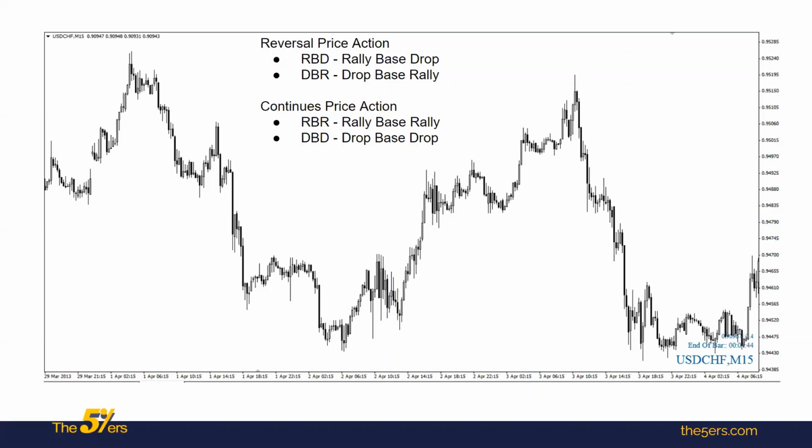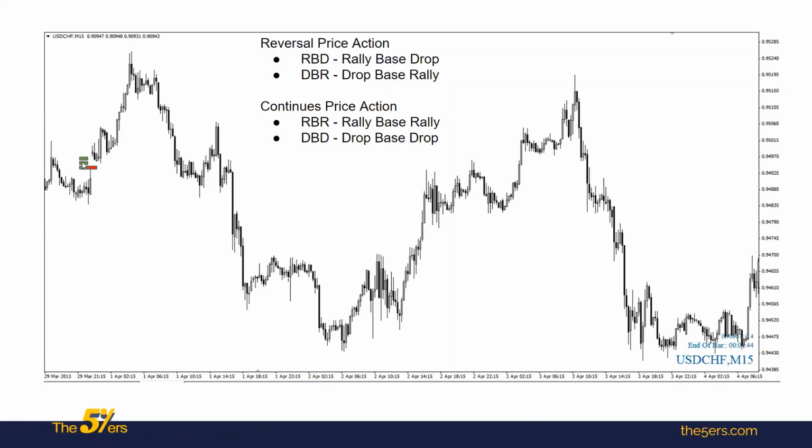But you have to do the first steps, just doing the basics, okay? So let's just go through this chart and see what we can see with the naked eye in terms of order flow, okay? So at the beginning, we have a base and then price is rising up.